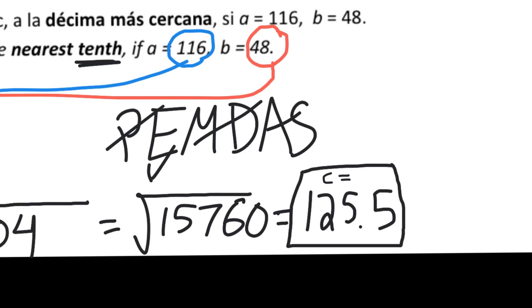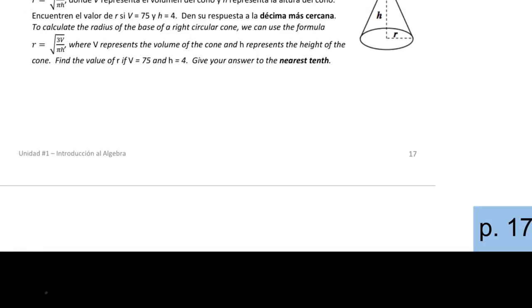C is 125.5. Question number 2 says, to calculate the radius of the base of a right circular cone, we can use the formula r equals square root of 3v over pi h, where v represents the volume of the cone and h represents the height of the cone.